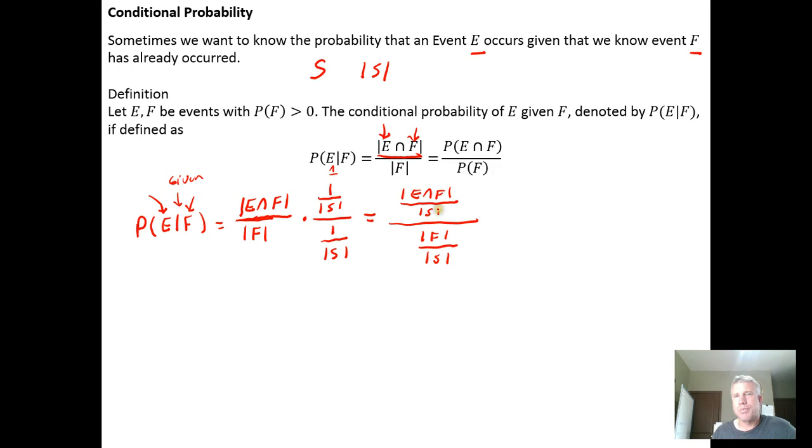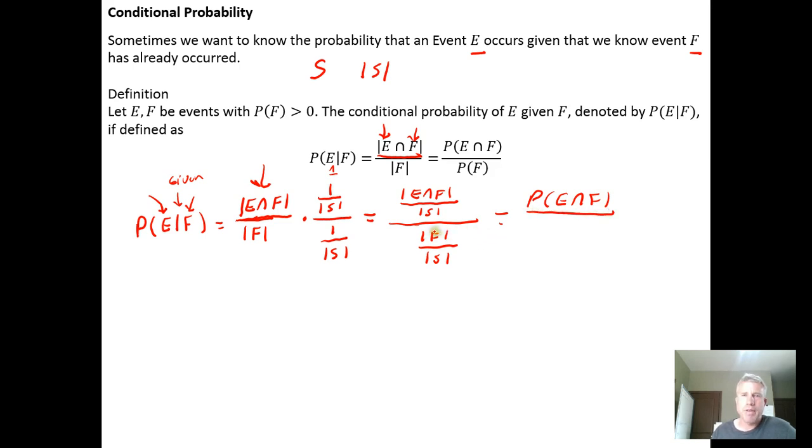And if we look at this, we can see that the size of S divided by the size of S would give us 1, would give us back the original ratio. They're both in the denominator position, so they'll give us a 1 under division. And then if we look carefully at this, the size of the intersection divided by the size of the original sample space is just the probability that the intersection occurs based on the definition of probability.